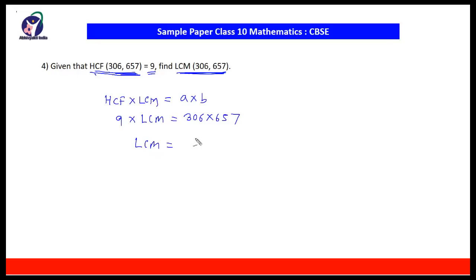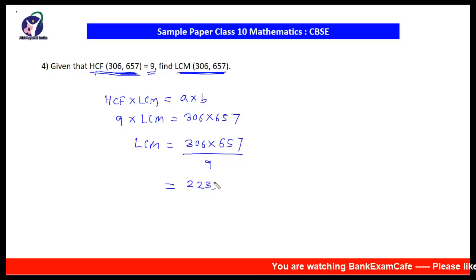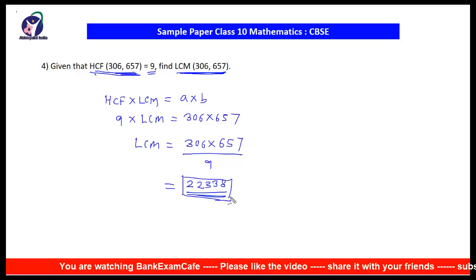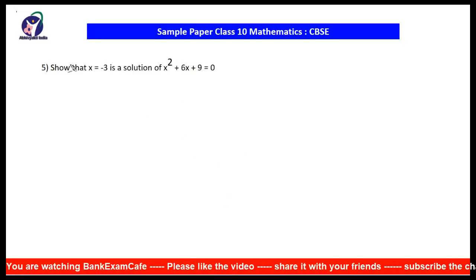So LCM will be equal to 306 multiplied by 657 divided by 9. After solving this, you will get LCM as 22,338.